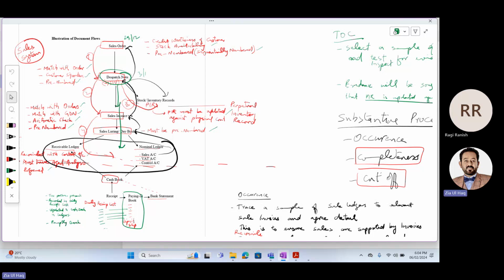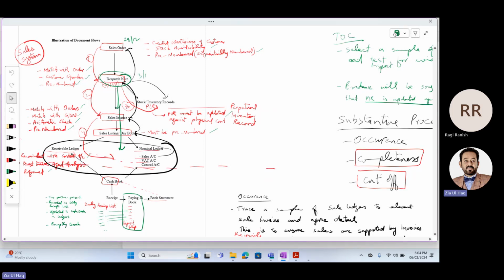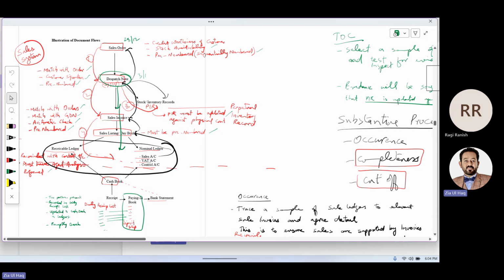there were some controls on the sale order, like a customer creditworthiness check should be performed, a stock availability check should be performed, and the sale order must be pre-numbered for completeness of recording. The dispatch note must be matched with the order, must have the customer's signature as approved, and must be pre-numbered.